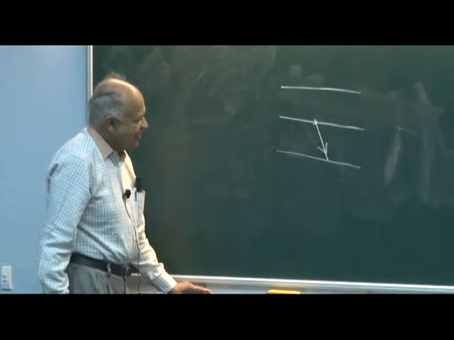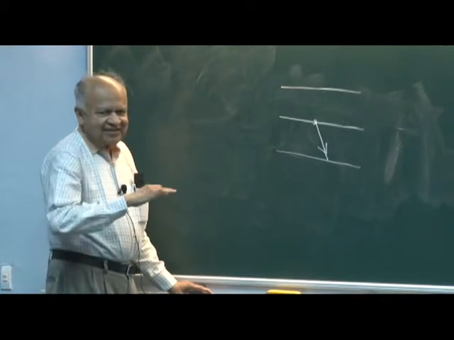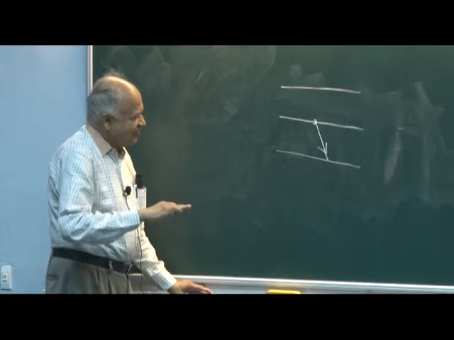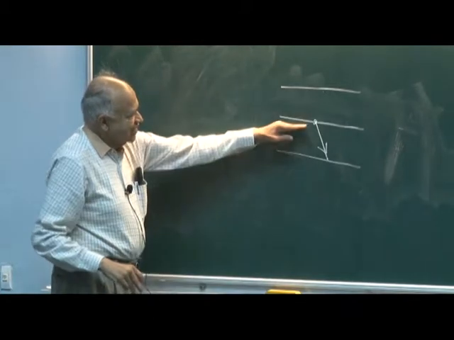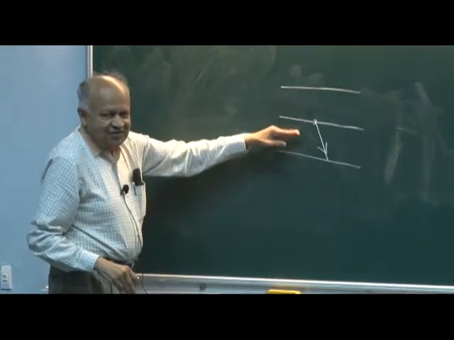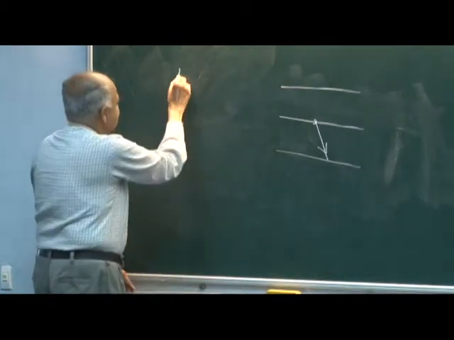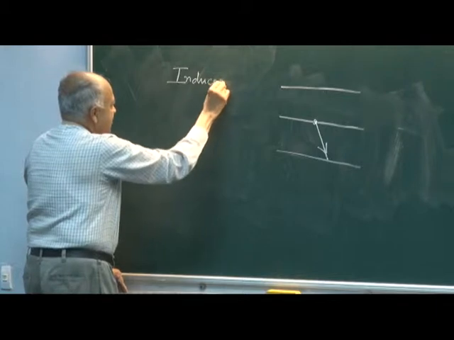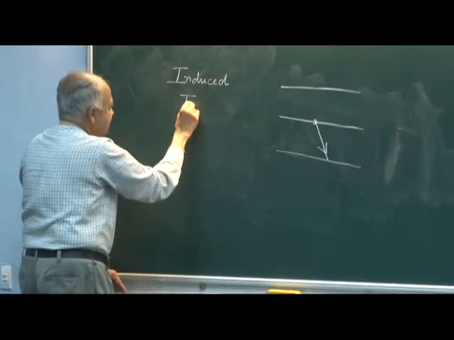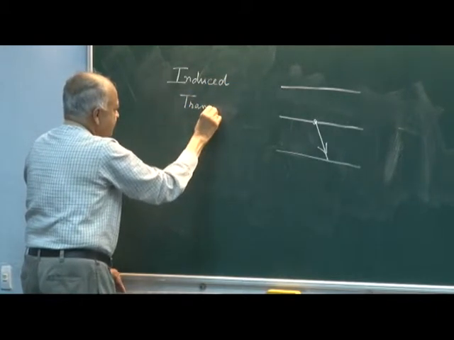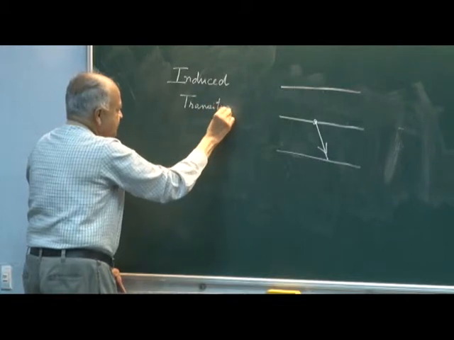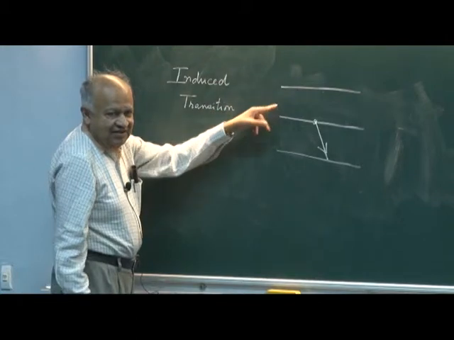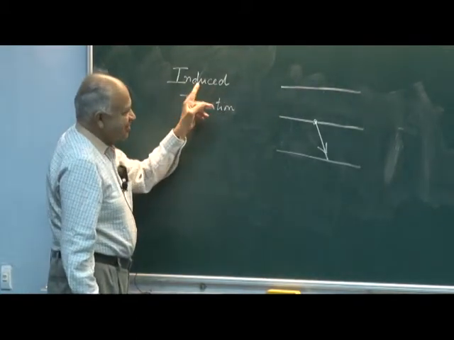Now, normally what happens is, if there is an electromagnetic field around, that field will push the electron up or down. There could be an induced transition of the electron down or up, induced by the field that is present.